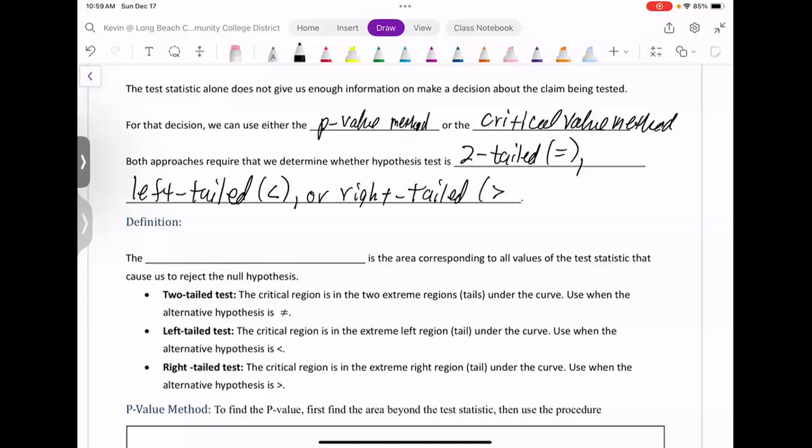For that one, I'm going to put a greater than symbol. And we will see why in just a moment.